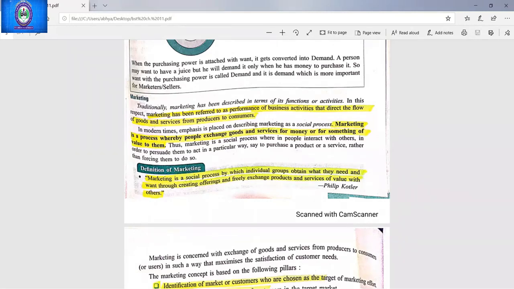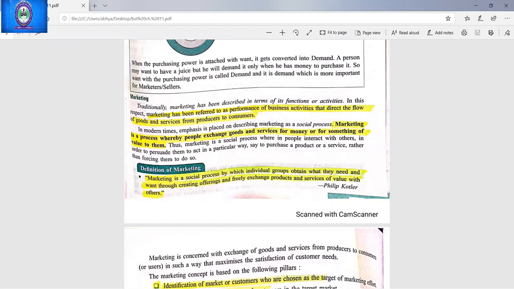But nowadays, marketing is a social process because many people are involved in this process. That's why it is known as a social process. Marketing is a process whereby people exchange goods and services for money or for something of value to them. All the activities which are helpful in this exchange process will be part of marketing.